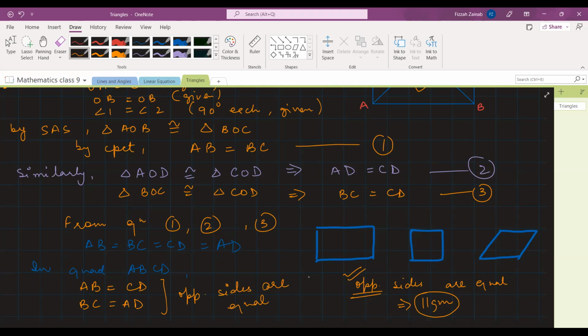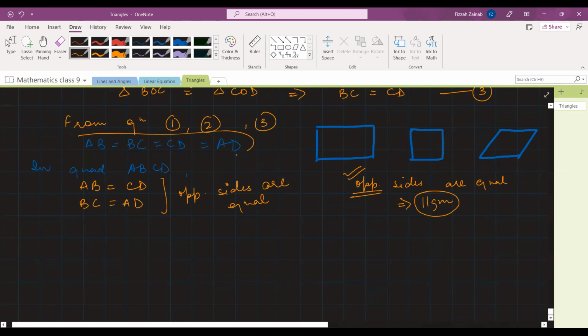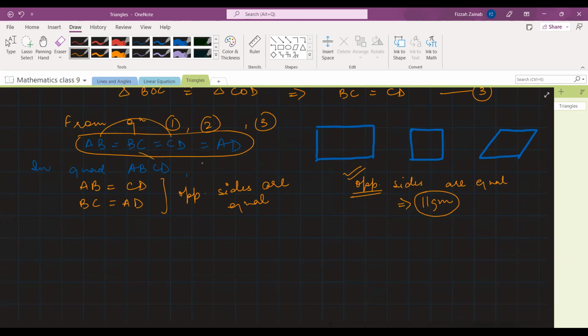We are getting it, right? Because see here, every side is equal to every side. So we can say that AB is equal to CD also and BC is equal to AD also. So if opposite sides are equal, therefore quadrilateral ABCD is a parallelogram. Understand?